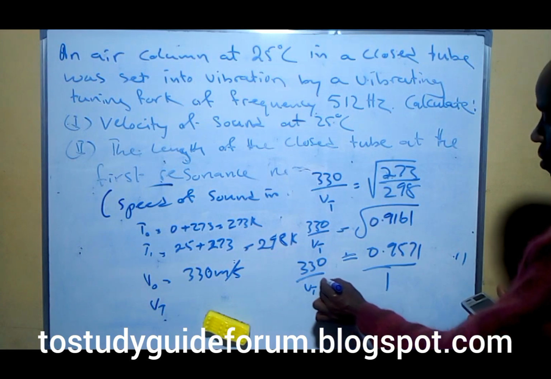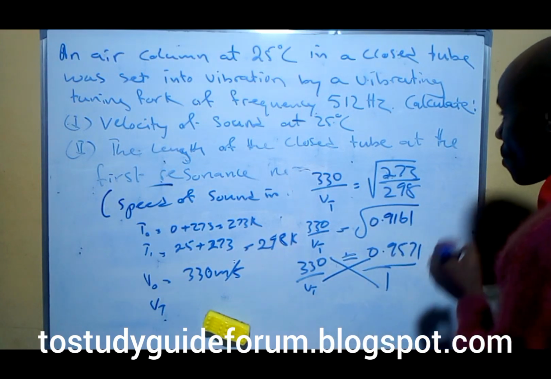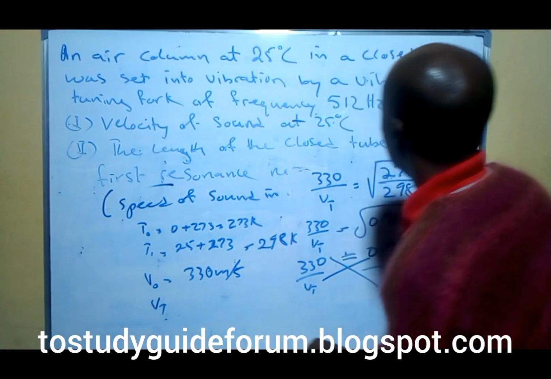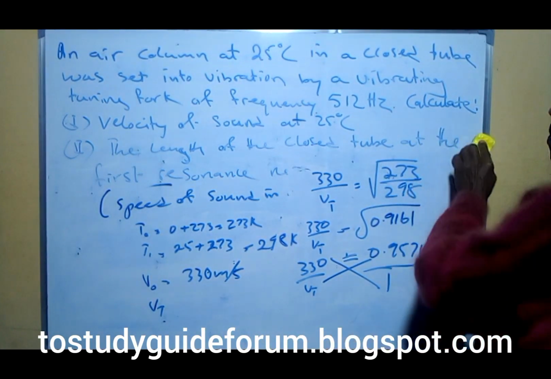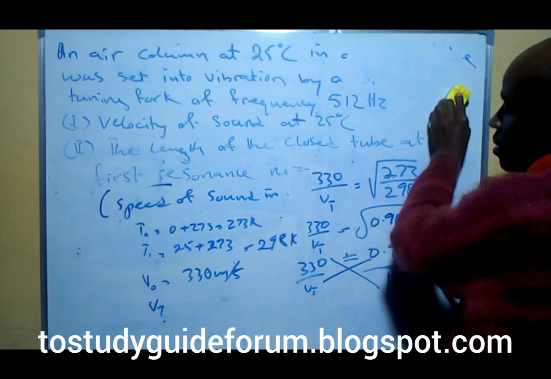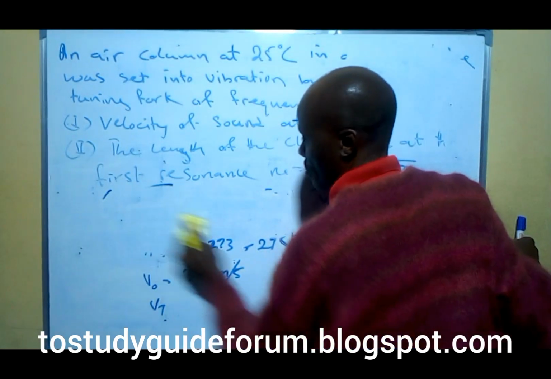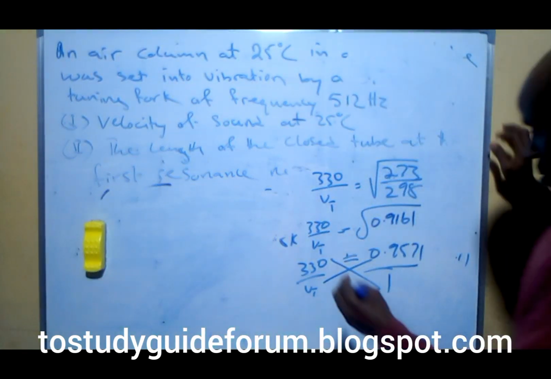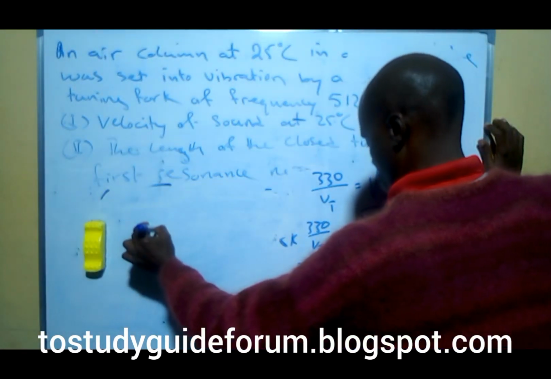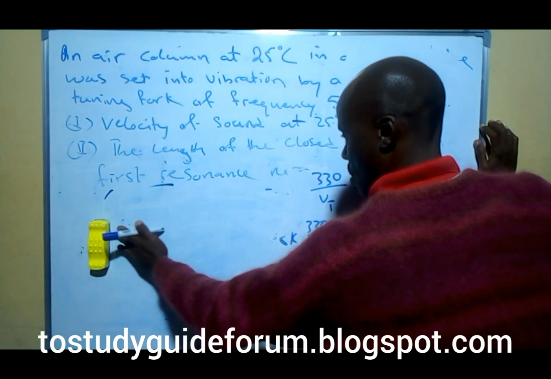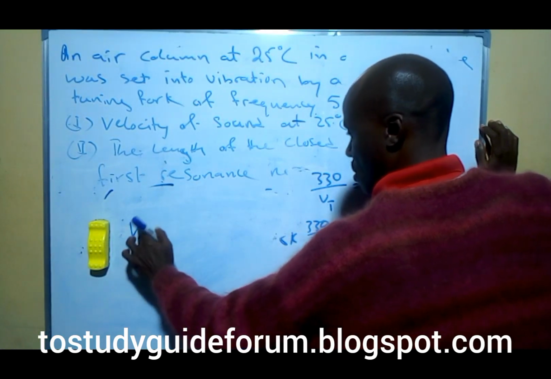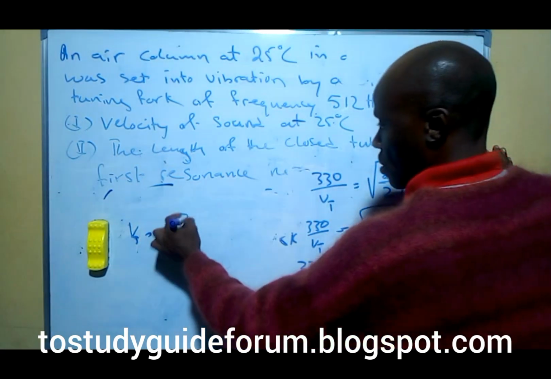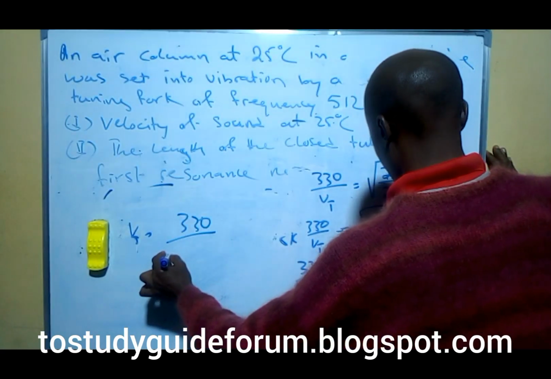So if we cross over, we'll have VT will then be divided by 0.951.